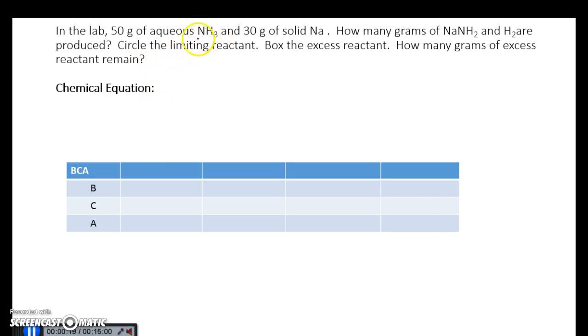I start by underlining what my reactants and my products are, and I ignore these numbers. So I have NH3 plus Na, and my products are NaNH2 plus H2.